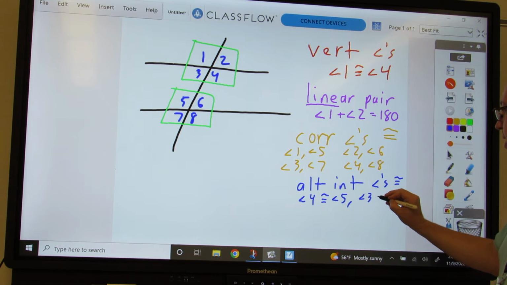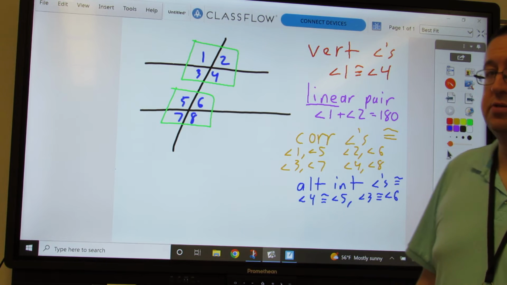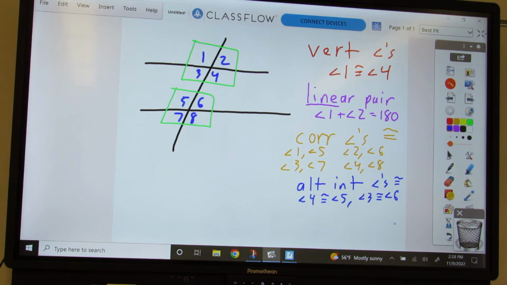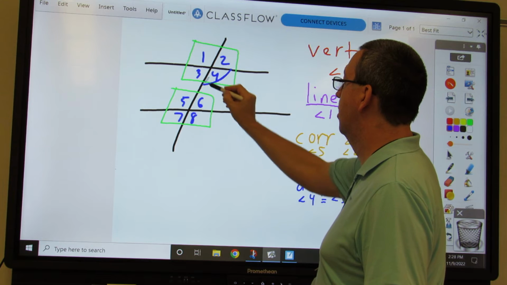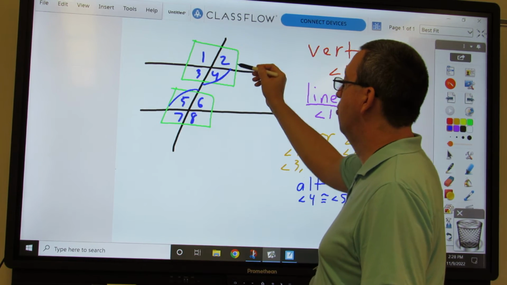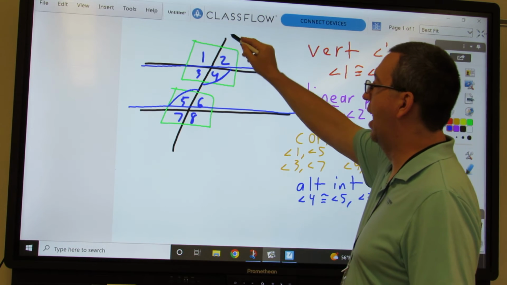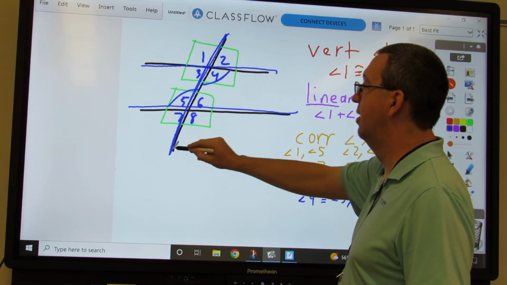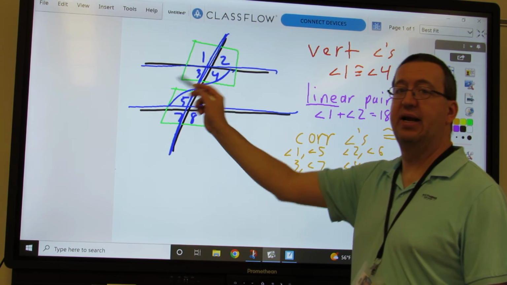Angle 3 and angle 6 would be alternate interior. So those are angles that are the same size, and you're switching where you are. So if I'm looking here, I have 4 is here, 5 is here. They're both in between my two lines, and they're on opposite sides of this line here. Again, I'm going from one grouping up here to another grouping down here.